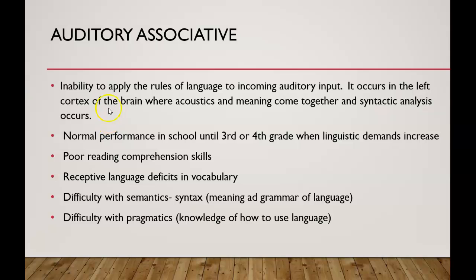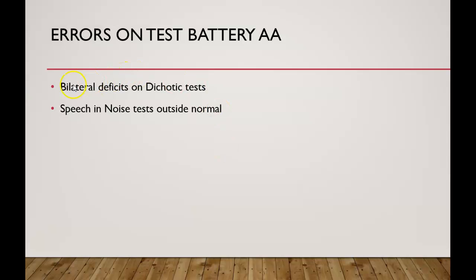But otherwise, the issues are the same. Errors for auditory associative are bilateral deficits, so both ears score poorly on the dichotic tests or both ear tests, and speech in noise is outside the normal range.